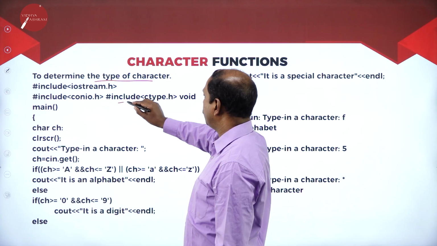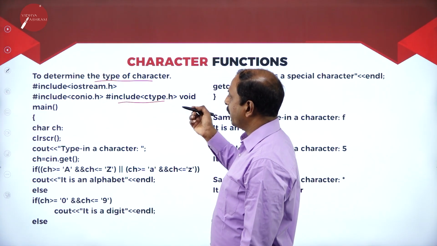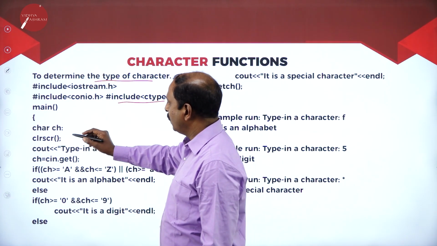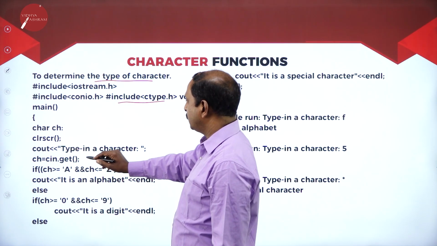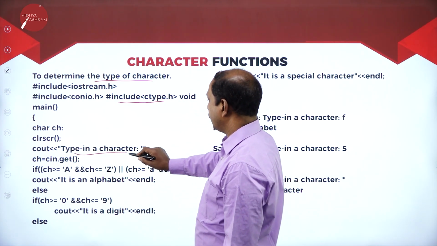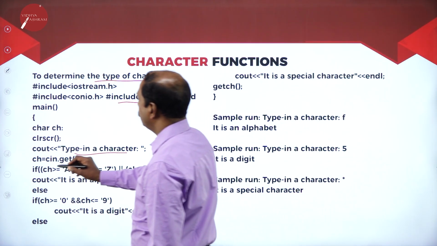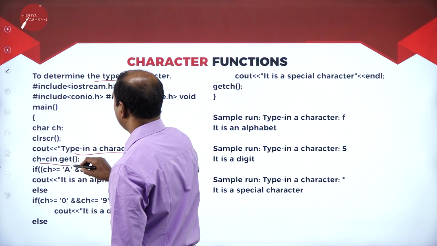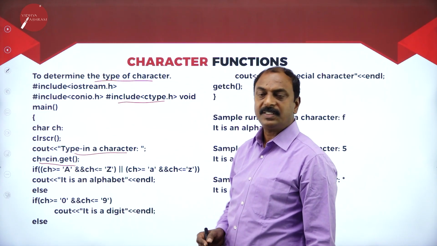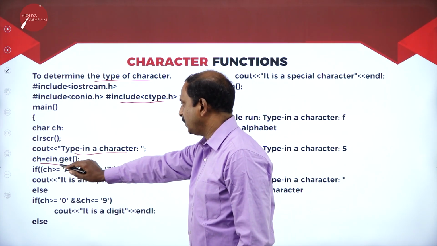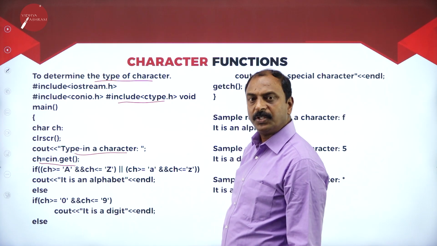This is important: we are using ctype.h, the header file to work with character functions. Then void main, and char ch, the declaration of a variable, clrscr, cout, type in a character. It will display on the monitor. Then we have to use the input statement, cin.get. This is the input statement you learned in our previous slide. So ch = cin.get() accepts a single character from the standard input device.